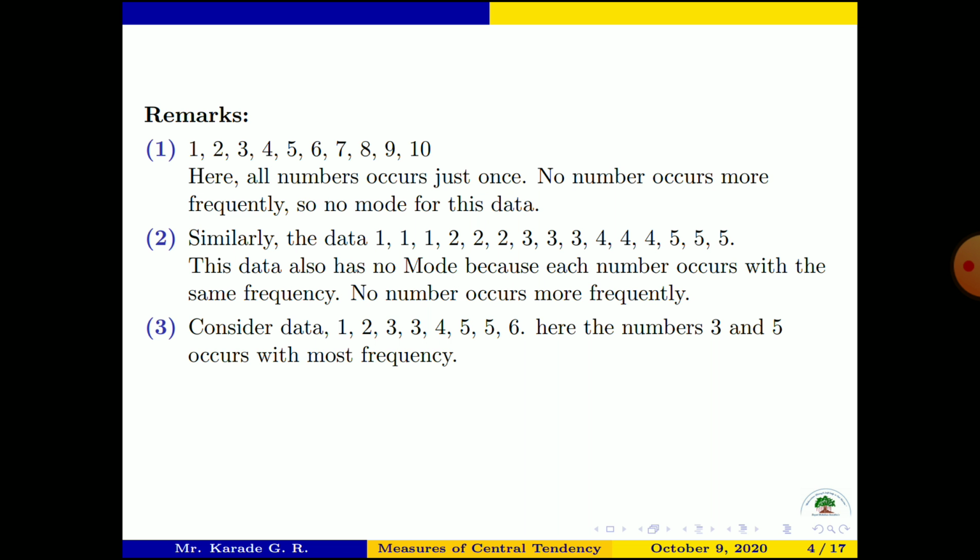Number 3 occurs 2 times, number 5 occurs 2 times, and other numbers occur only 1 time. Therefore this data has 2 modes. Number 3 is one mode and number 5 is the other mode. Both 3 and 5 are modes of this data.